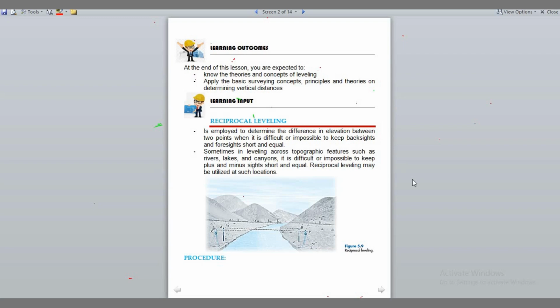But there are times kasi na hindi ka pwedeng makakuha ng mga foresights at saka backsides, especially pag yung sabi nitong definition, kapag yung pagitan ng dalawang points ay either ravine or malawak na river or yung may mga obstacle. So, if that is the case, hindi mo pwedeng gamitin si differential, we're going to use reciprocal leveling.